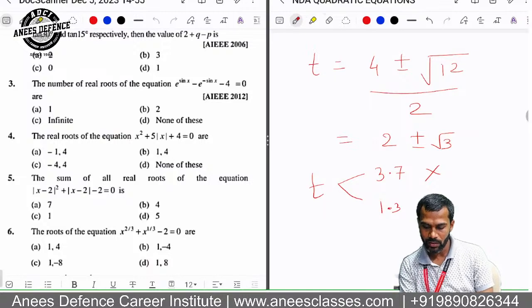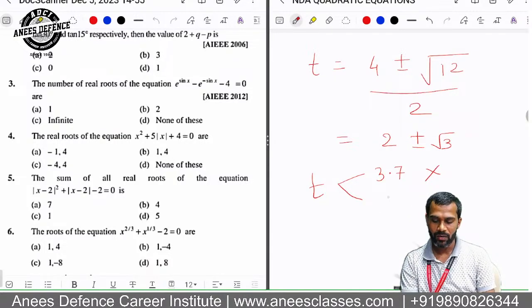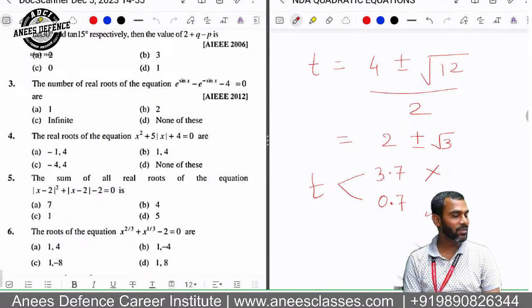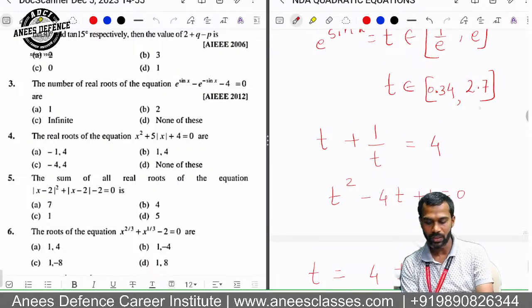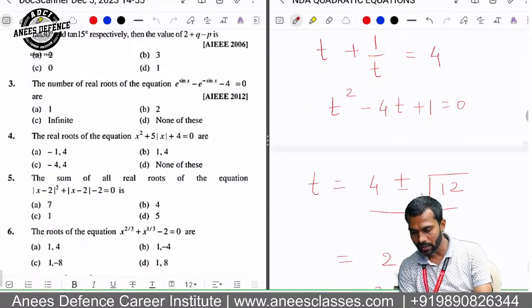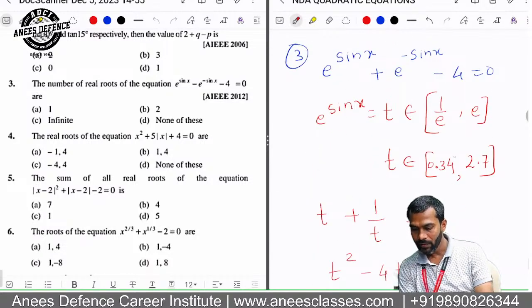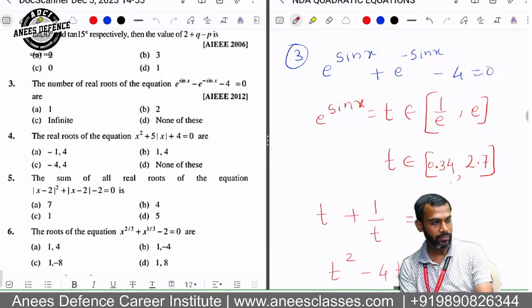Okay, my mistake then. 2 minus 1.7, who told me that? You people are not trustworthy. 0.7, there was a mistake just now. Yes or no? So this value of t also doesn't lie in this particular interval, if you see. Or it lies, just check. 0.34 we have.